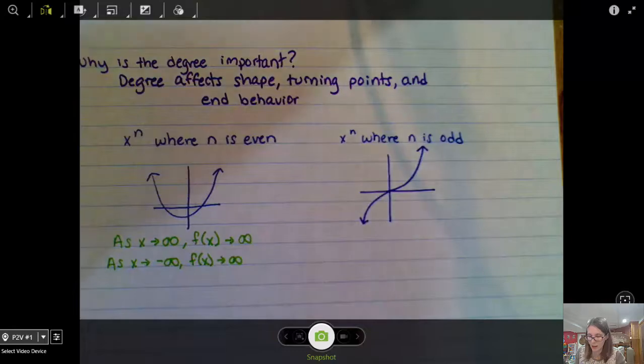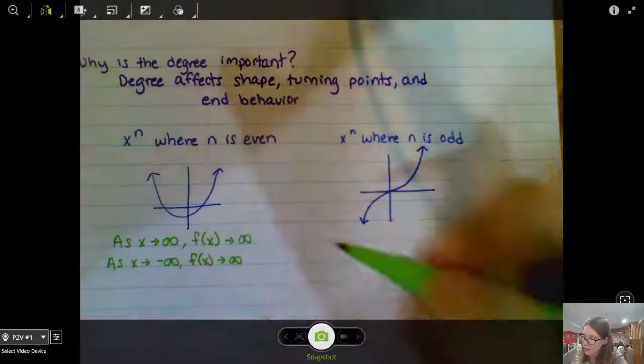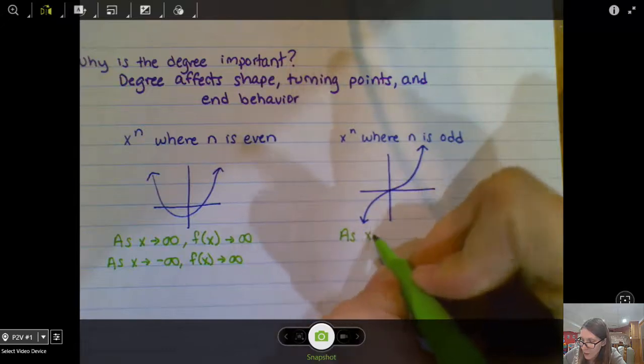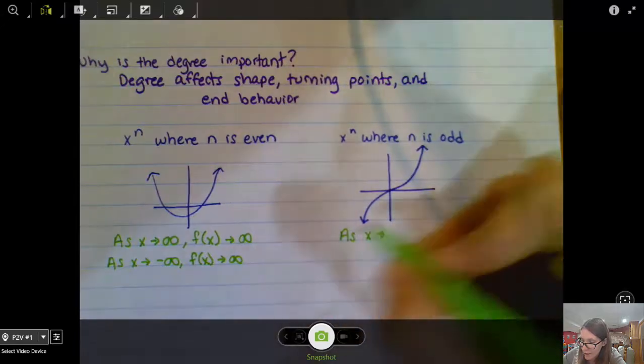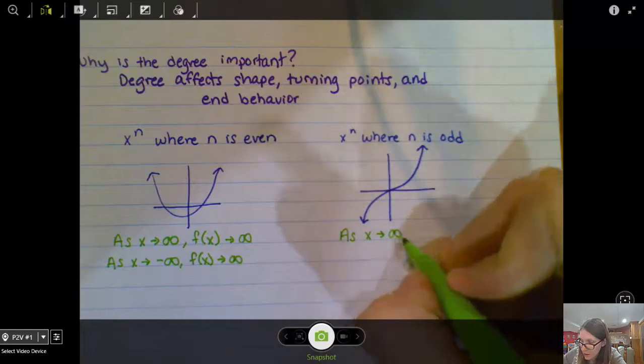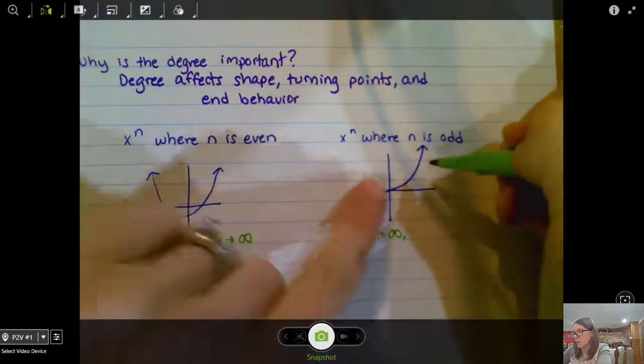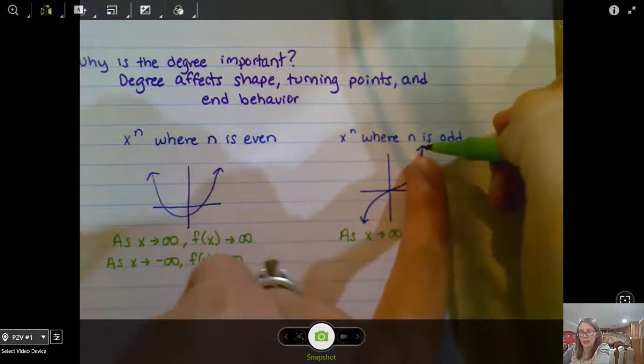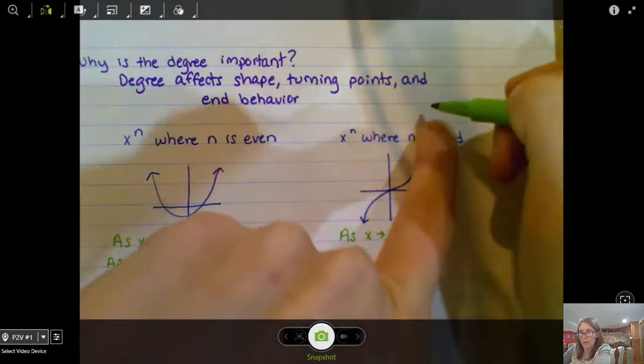Okay, let's describe our end behavior here as well. It's the same idea. I want to describe what happens the further we go to the right and the further we go to the left. As x approaches infinity, the farther we go to the right, look at what my y value is doing. My y value is going up forever.